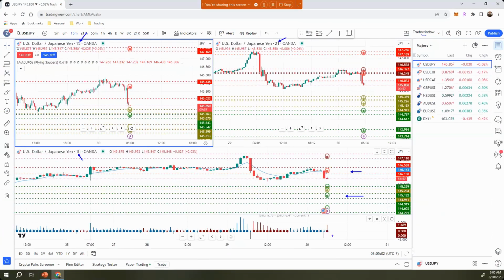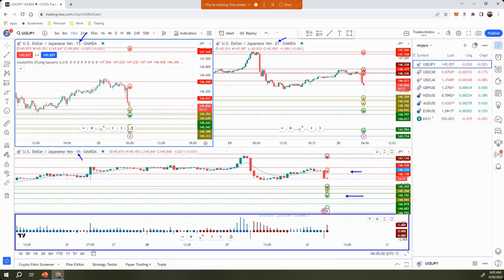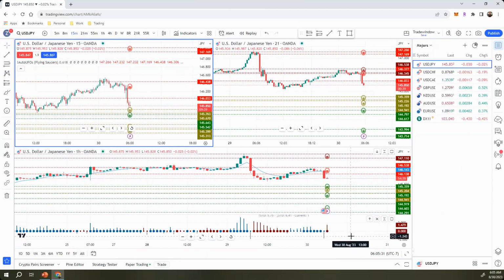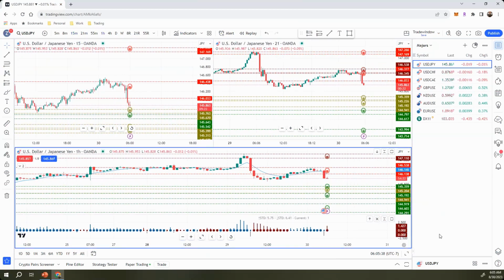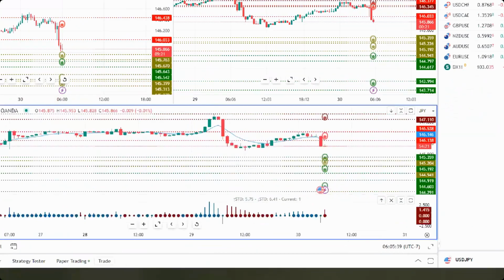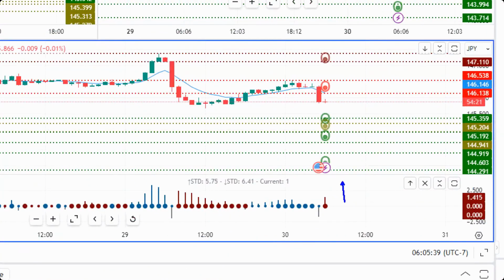On top of that, though, we do have something that's known as the auto climate, which is right here down below. The auto climate gives us an indication of where that market might be heading. And when we say where, we really do intend that in the sense of directionality. So if we see a blue thick dot like the ones here, we're expecting an upward movement.